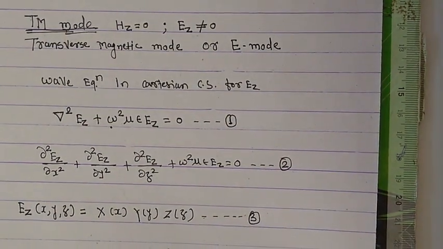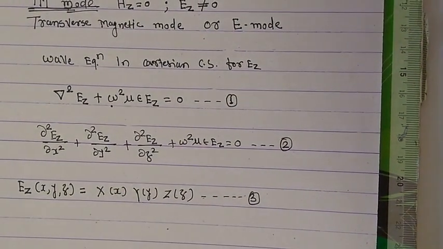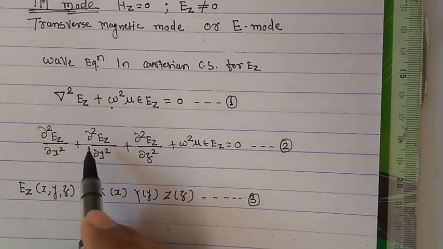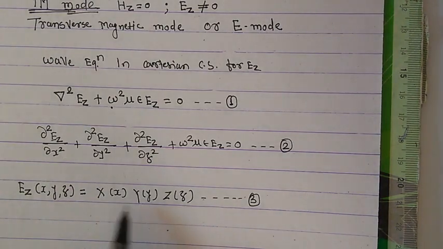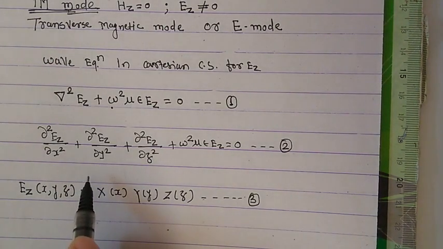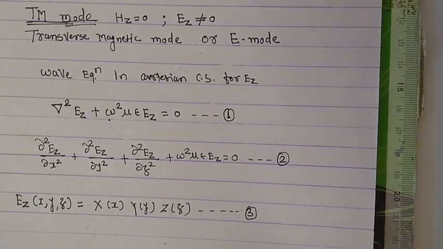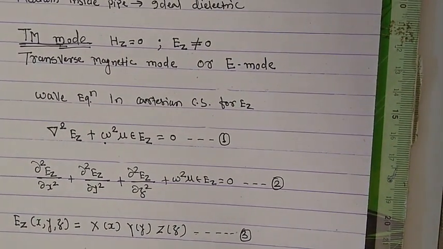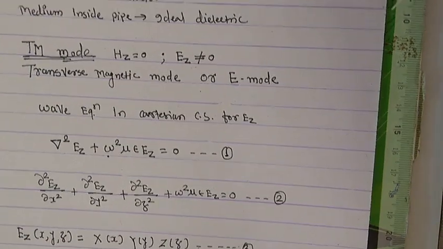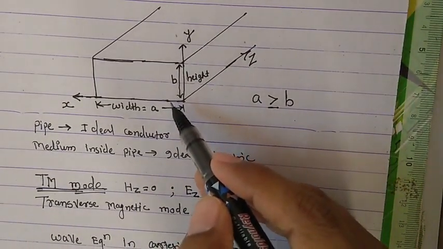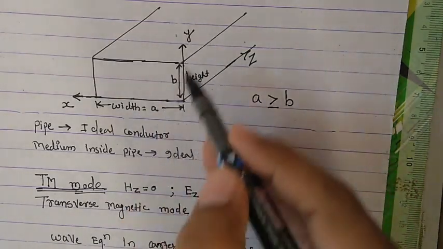Now we have to substitute this solution for Ez in equation 2. Before that, we'll consider some constants in such a way that we have the wave in three directions, x, y, and z.